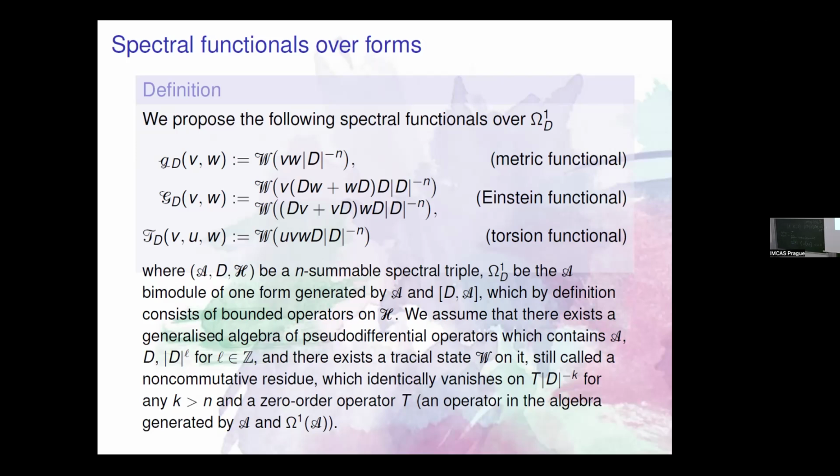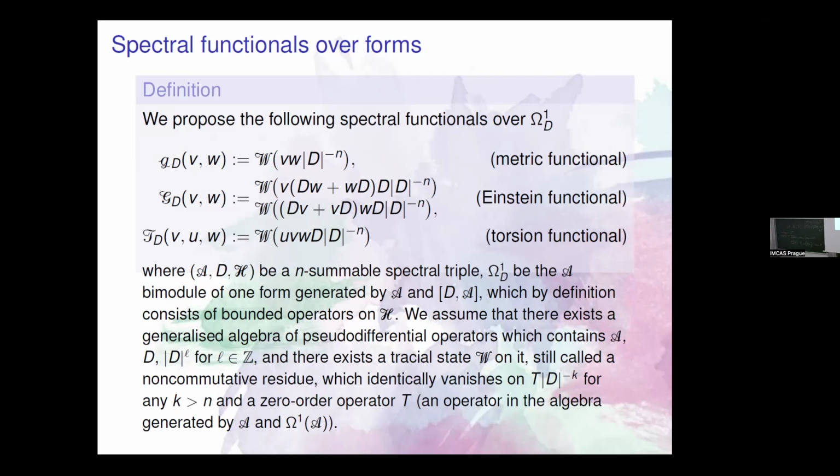Well, what do we call the first functional, the metric? So you just take the Wodzicki residue, or in this case of spectral triple, this non-commutative residue. So we assume that the spectral triple is summable, and this means summable over the dimension n. So when you take some power s with the real part bigger than n, then everything will be trace class. So then we know that there is this Wodzicki residue, this non-commutative residue.